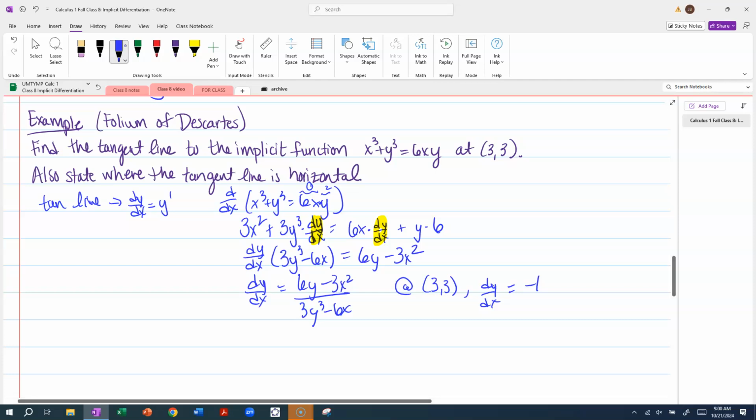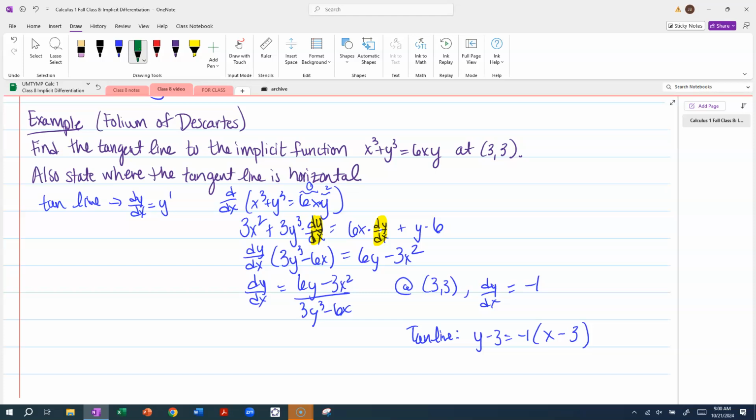So then my tangent line would be something like y minus 3 is equal to -1 times x minus 3, and I would be done with the first sentence.